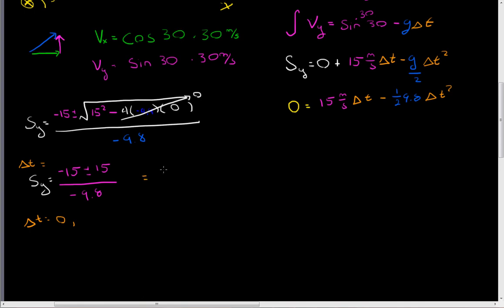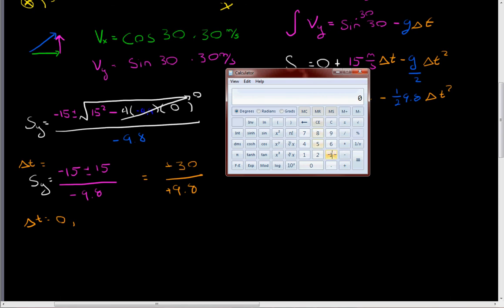The negatives cancel out, and we get 30 divided by 9.8. And we get our change in time is 3.06 seconds.